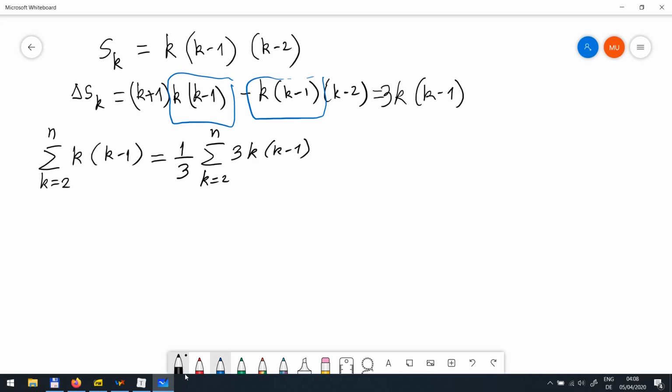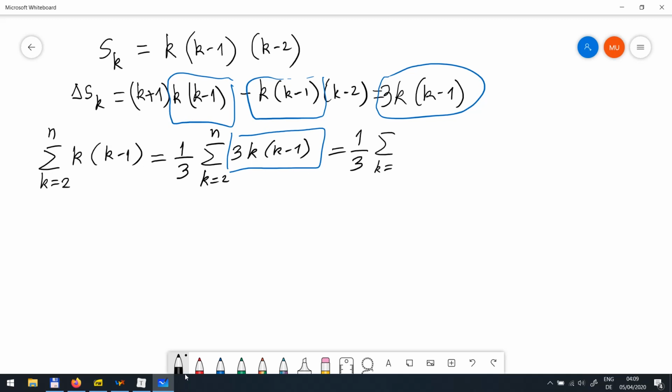So I have matched this term with that term. So essentially I succeeded in writing that horribly complicated series into a very simple telescoping series, because this 3 times k minus 1 is that same delta.